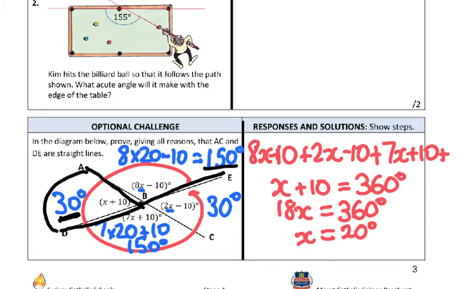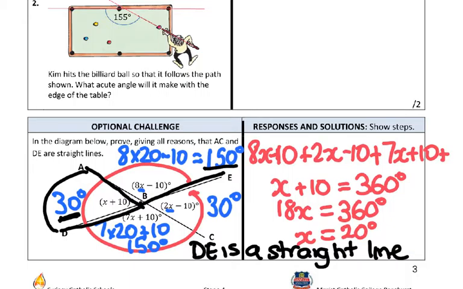So because the adjacent angles add to 180, then that must be a straight line. So that's how you can say DE is a straight line, since the two angles add up to 180 degrees.